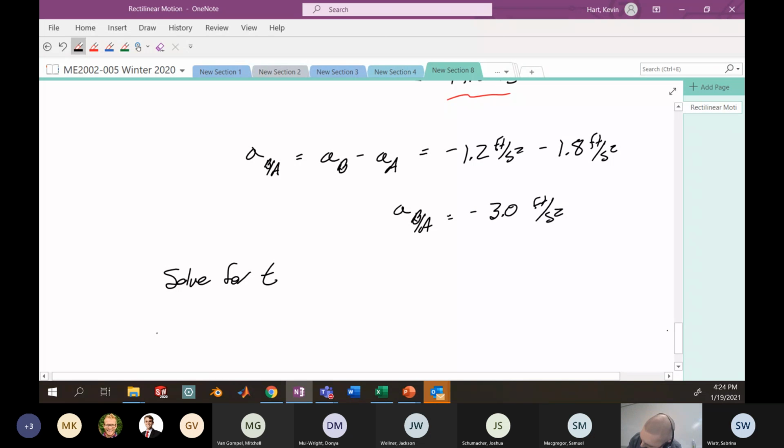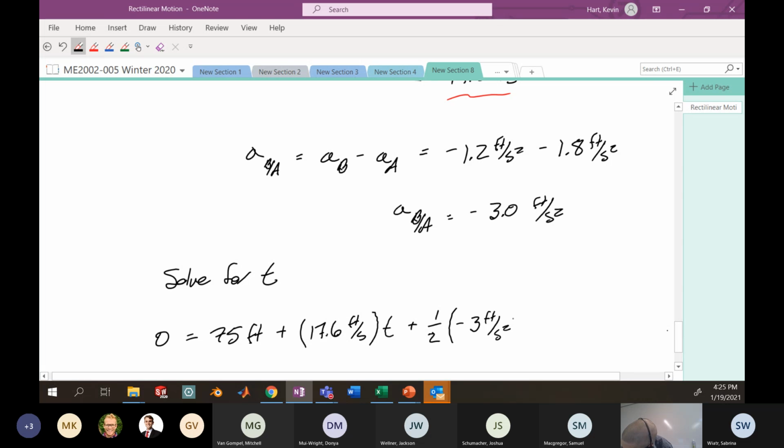Our final position of B relative to A is the location 0, so they're right on top of each other, equal to the initial difference between the two of them, 75 feet, plus the initial velocity of B relative to A, that's 17.6 feet per second, times the variable time, which we're looking for in this problem, plus 1/2 the acceleration of B relative to A, which we just said was negative 3 feet per second squared, times time squared.